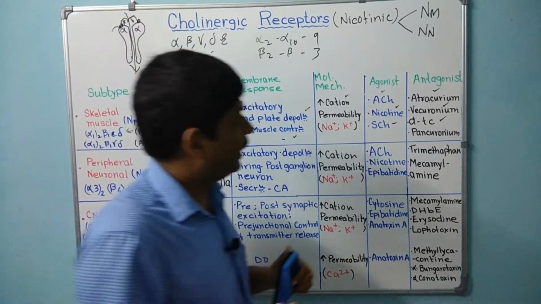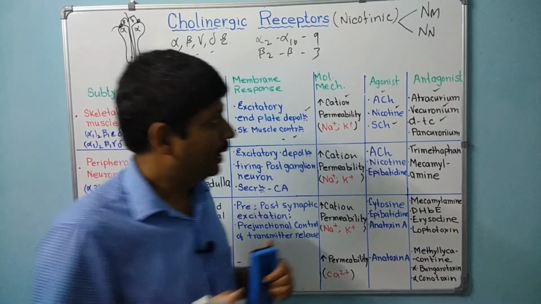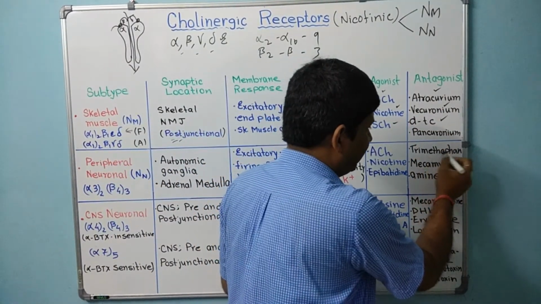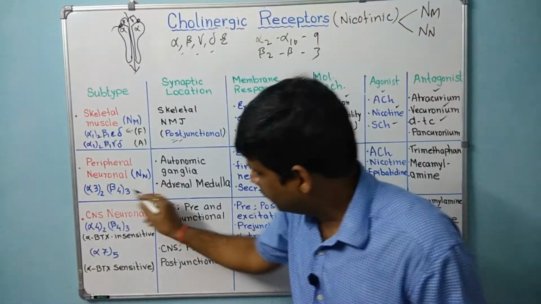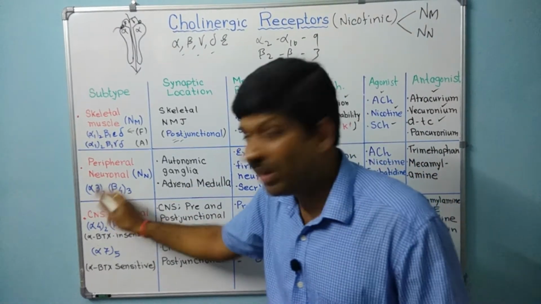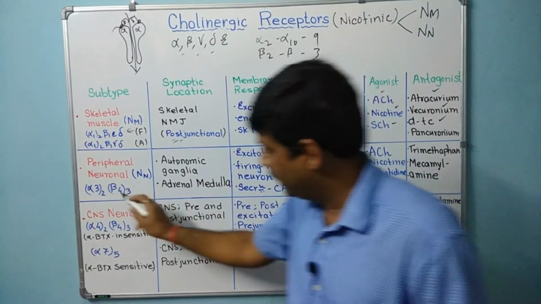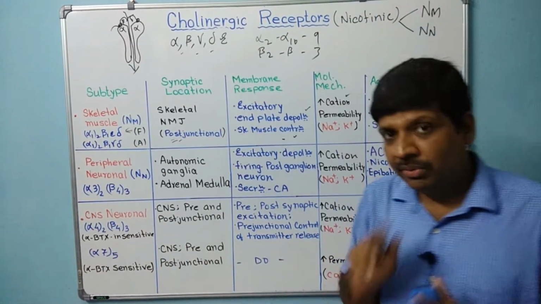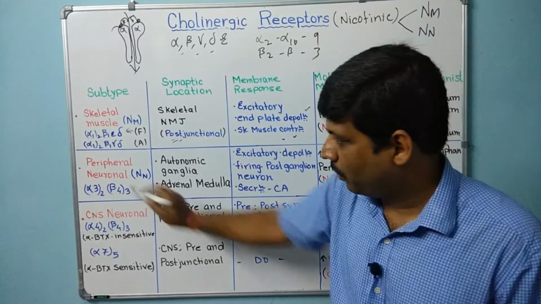The agonists are acetylcholine, nicotine and epibatidine, whereas antagonists can be trimethaphan and mecamylamine. The configuration is of this type. There are 3 alpha subunits, of which type? Alpha 3 type, sorry, 2. Alpha is of 2 subunits, of alpha 3, and then beta is of 3 subunits, and the subtype is beta 4.